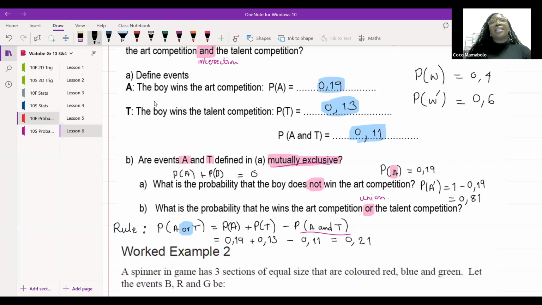Let's say, for instance, picking a red card and a blue card at the same time. That's never going to happen, so red and blue are mutually exclusive. When things are mutually exclusive, then we use this formula. But if there's an intersection, we can't use that formula because the intersection is going to be counted twice. That's why we need to subtract over here.